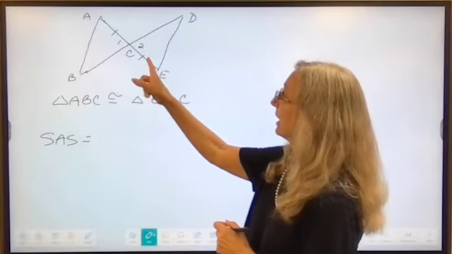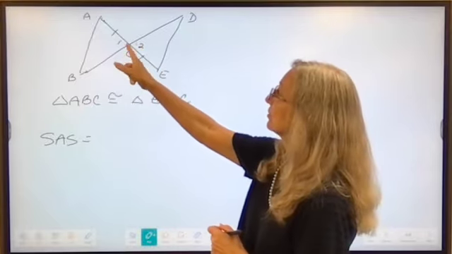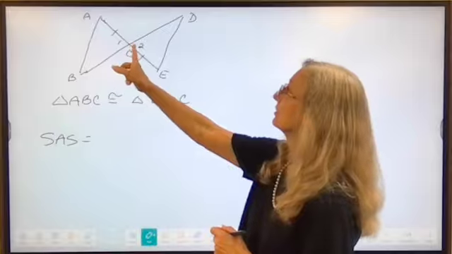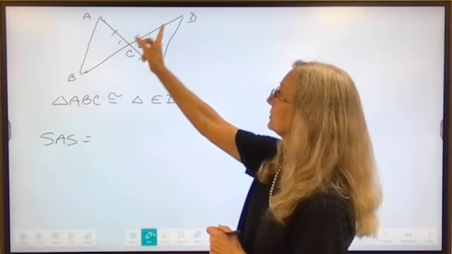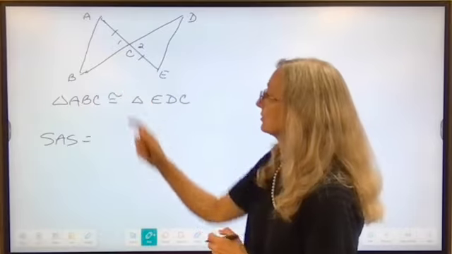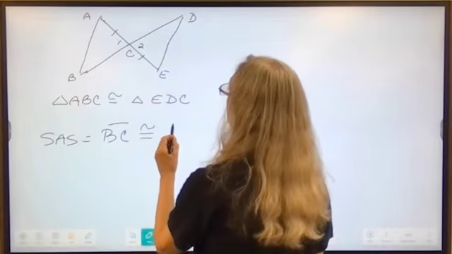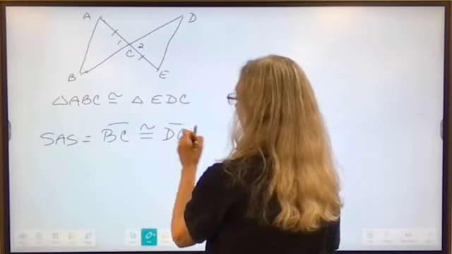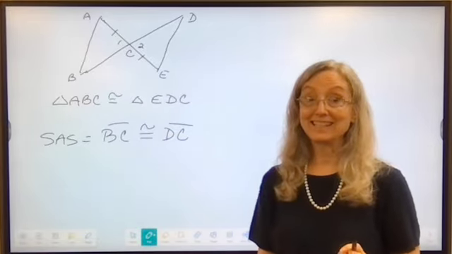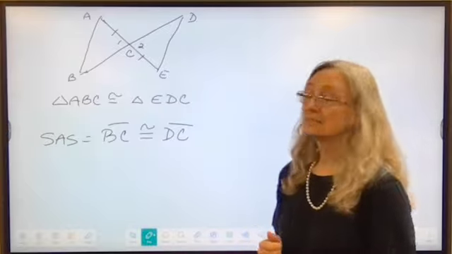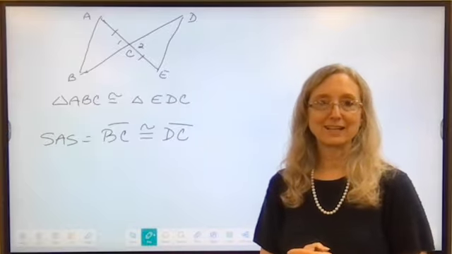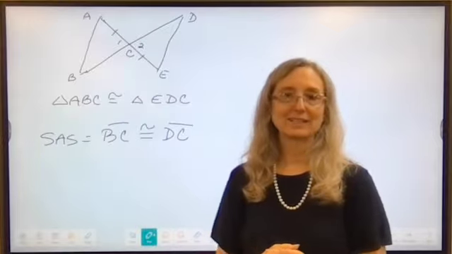So you have side, you have angle, so I think what I need is the other side created by that angle, which is this side here. So I would need BC being congruent to DC. That's what I would need, and that's it. If I can show BC and DC are congruent, I've got the entire triangle using side angle side.